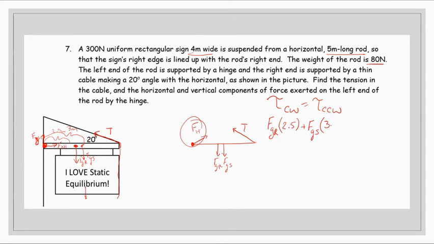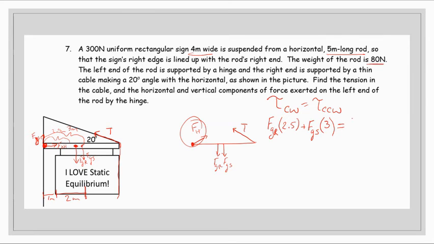Again, the reason that's 3 meters is because this is 1 meter and this whole sign is 4 meters, so 2 meters to the center of mass for that. And that's equal to our torque from our tension.